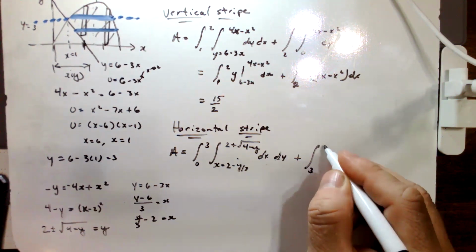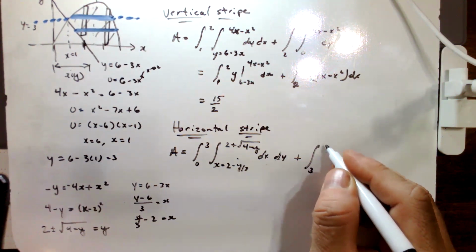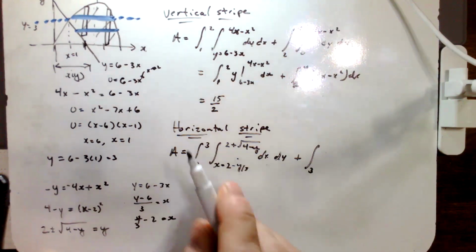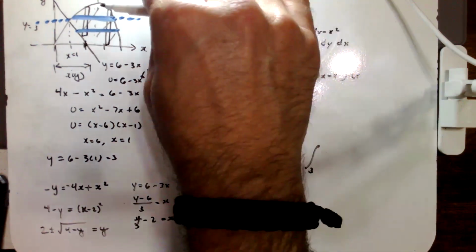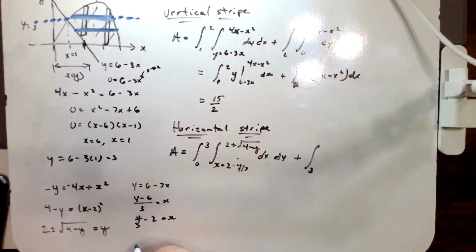Then from above there, we have plus the integral from 3 to the vertex of the parabola here. We know that y equals 4x minus x squared. So this term is my b term, and that's my a term. So the x coordinate is negative b over 2a, which is equal to negative 4 over 2 times negative 1, which gives me a positive 2.